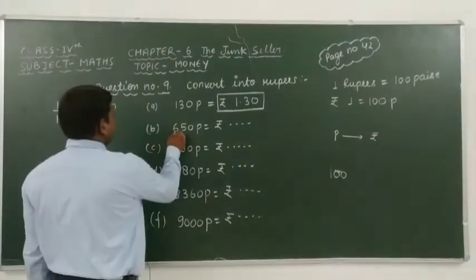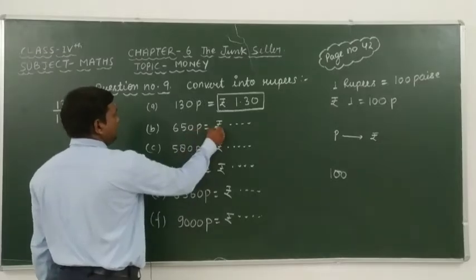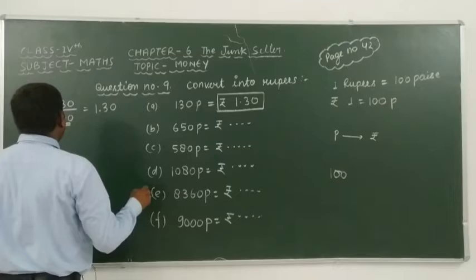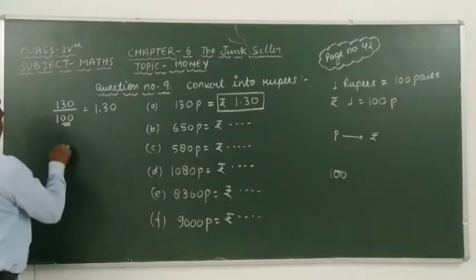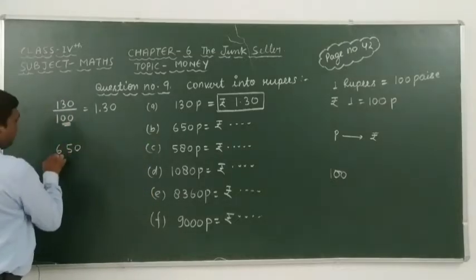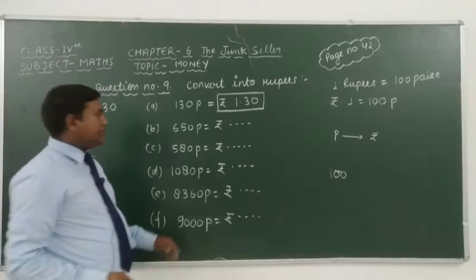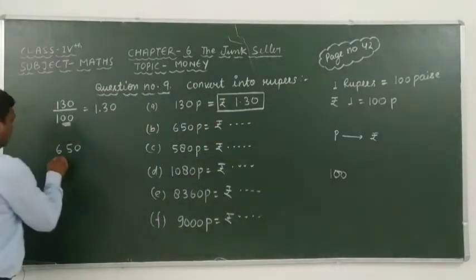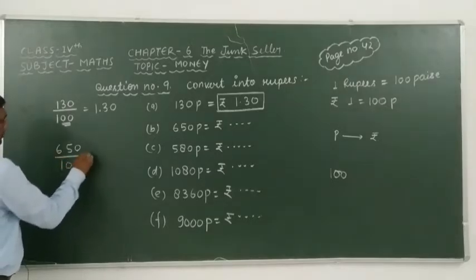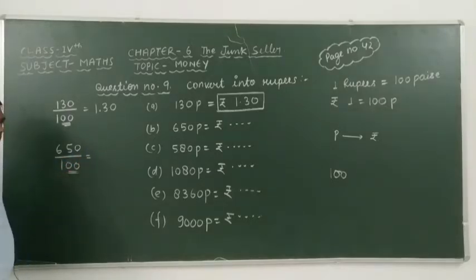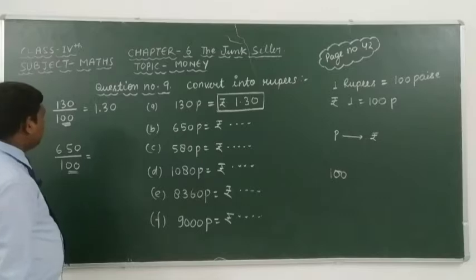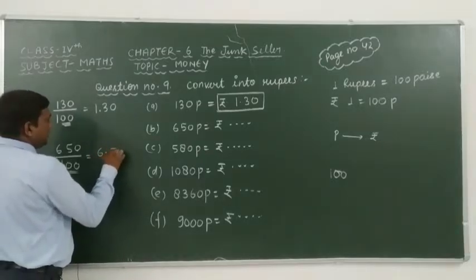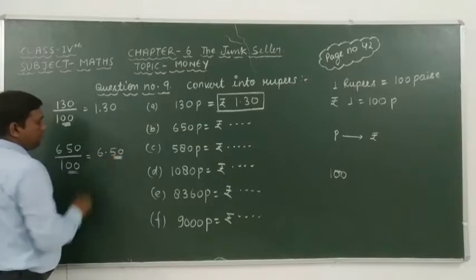Look here, given that 650 paise is equal to how many rupees? We can divide 650 by 100, so we get 650, therefore we have to put the decimal point before the 2-digit place.